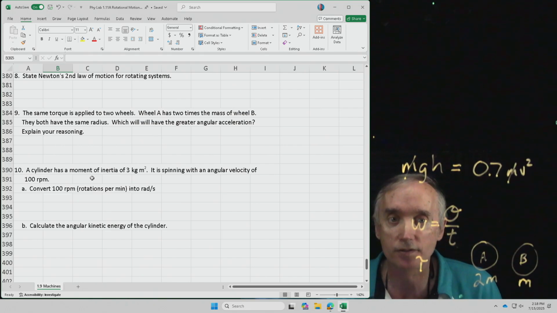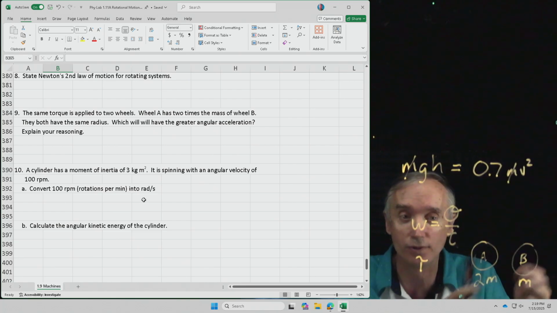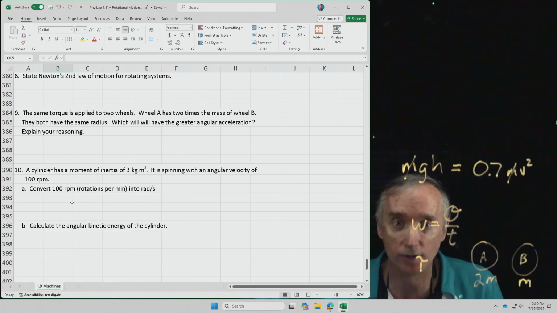Okay, then we've got 10. A cylinder has a moment of inertia of 3, and it's spinning with an angular velocity of 100. Convert 100 rotations per minute into radians per second. That's going to require 3 sets of parentheses to do this one. And then calculate its angular kinetic energy.